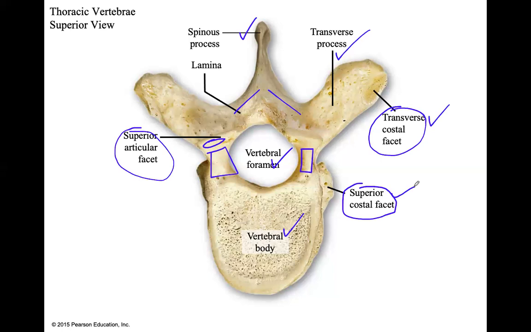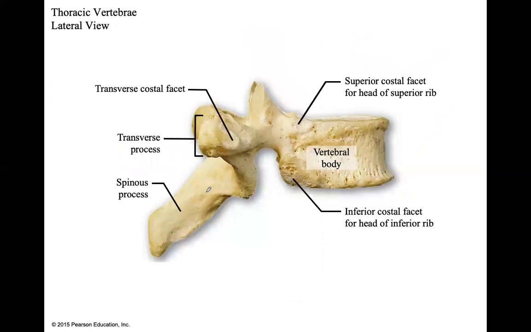Now, what do you think is going to join here? You're going to have ribs that attach. There are ribs that articulate with the vertebral body and the transverse process. So the ribs have to have a facet. There are 12 thoracic vertebrae and there are 12 pairs of ribs as well.